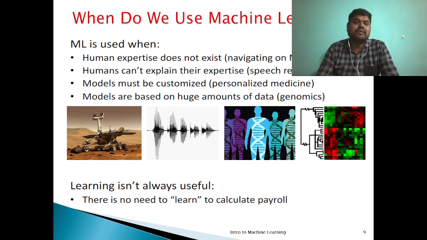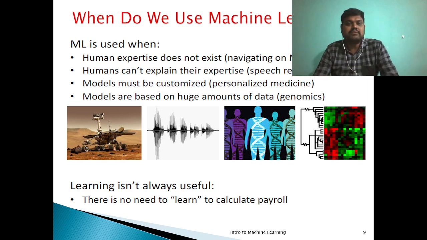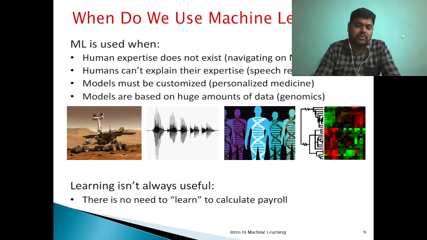And you can customize the machine learning models according to your requirement or application, right? So these are some reasons why we need machine learning, or when we use machine learning.